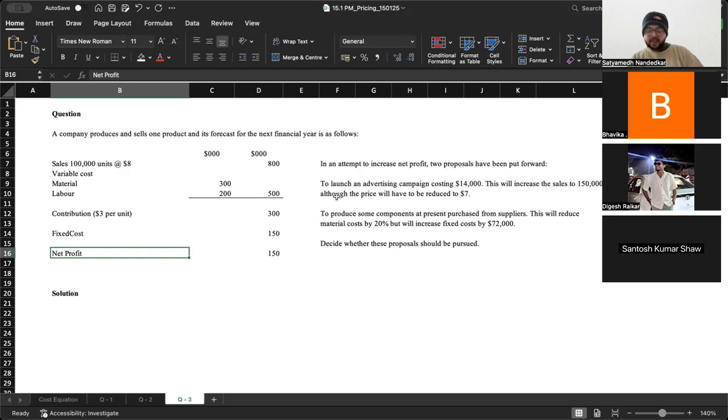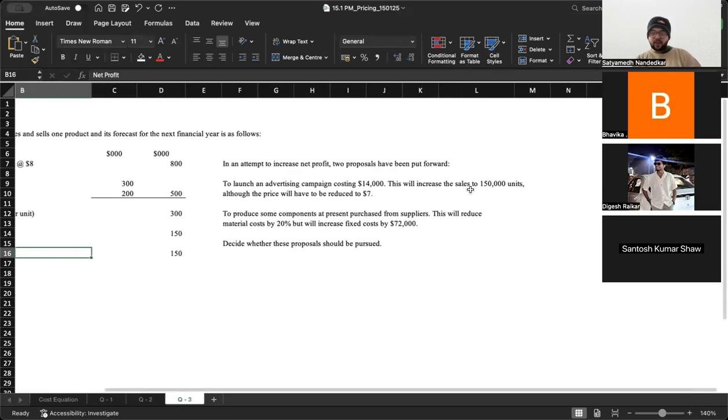To launch an advertising campaign costing 14,000, this will increase the sales to 1,50,000 units, although the price will have to be reduced to 7 per unit. And to produce some components at present purchased from suppliers, this will reduce material cost by 20% but will increase fixed cost by 72,000. Discuss whether these proposals should be pursued.